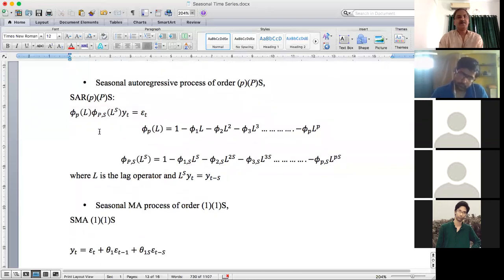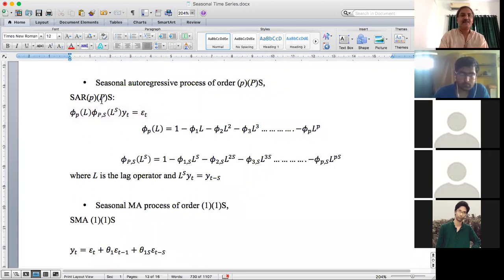So in terms of the autoregressive polynomial, I have already mentioned at the starting point that we need to keep in mind how to express the autoregressive process and the moving average process in terms of their polynomial function. So here we have used it.